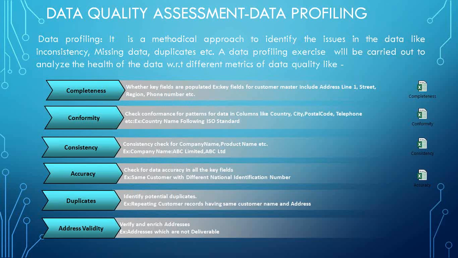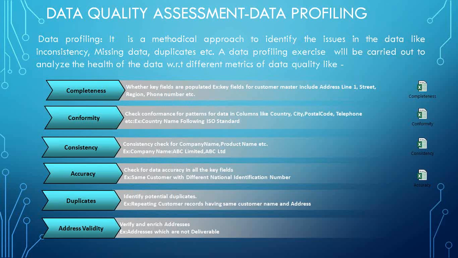In a similar way, duplicates. It will help you to understand how many duplicates are there in your data. You can do fuzzy match, you can do exact match and so on. In a similar way, address validity.